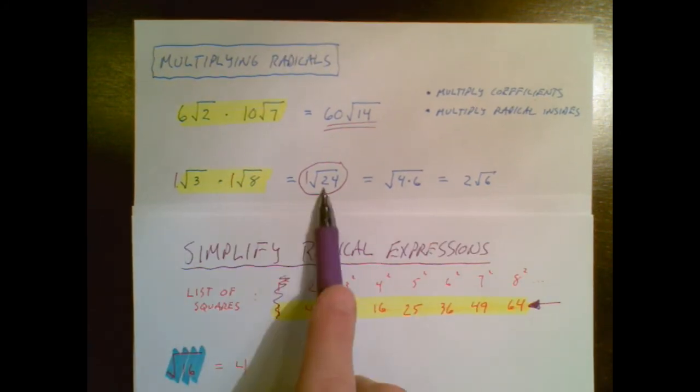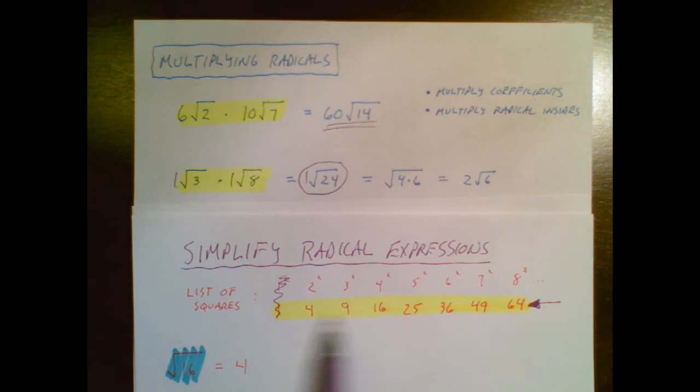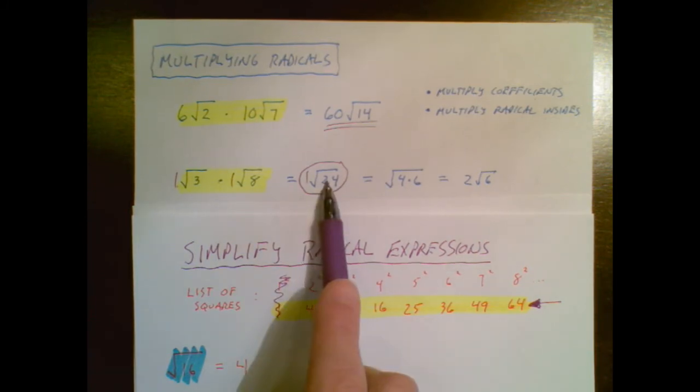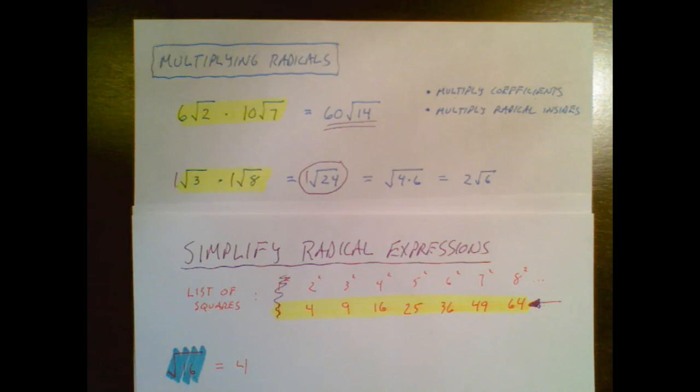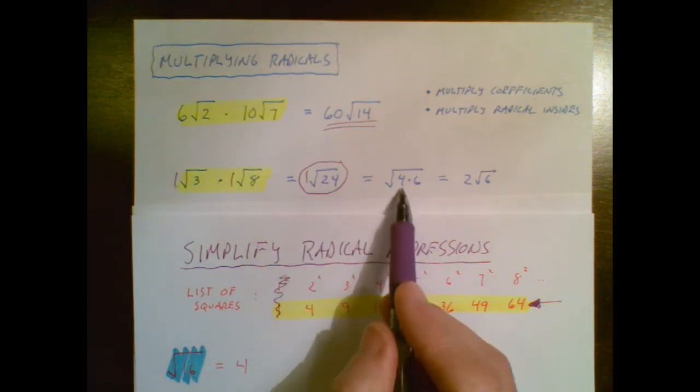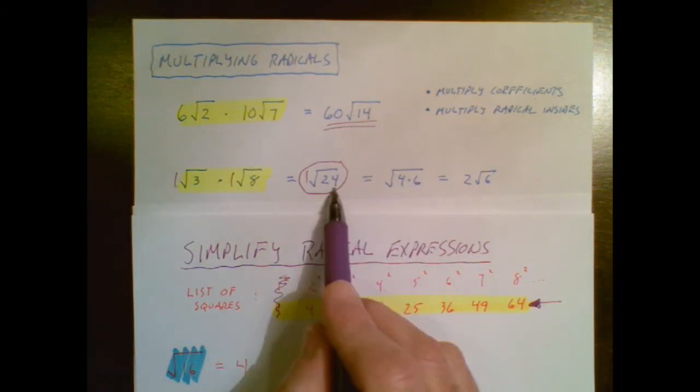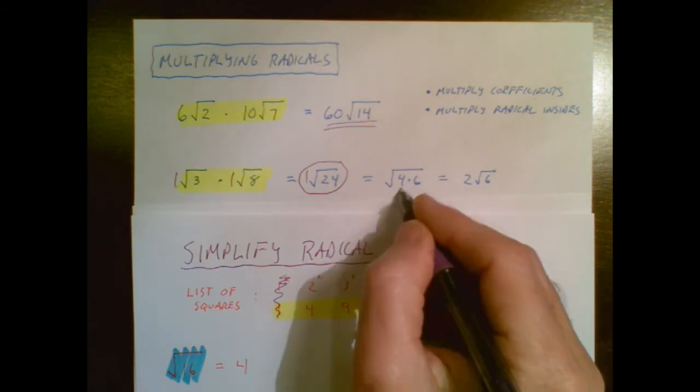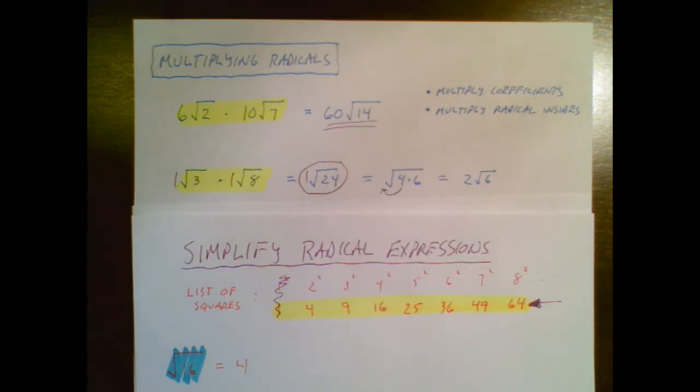When I think of the square root of 24, I go back to my list of perfect squares. Is there a perfect square that divides perfectly into 24? And if so, what's the largest one? In this case, 4 divides into 24, so 4 times 6. Same thing as 24, but 4 gets to go to the outside as a 2.